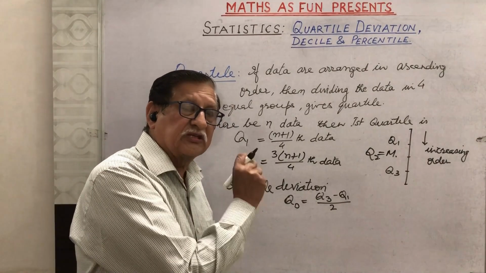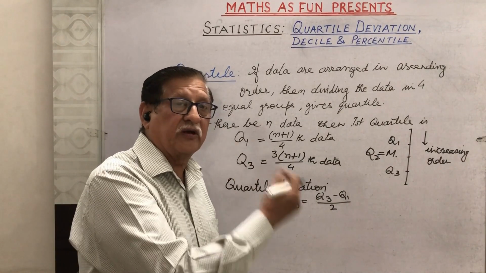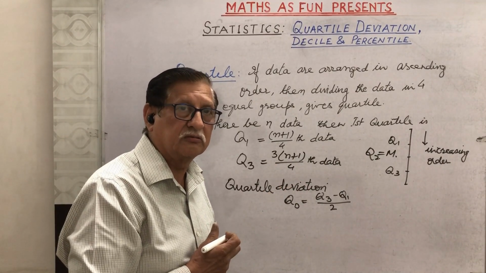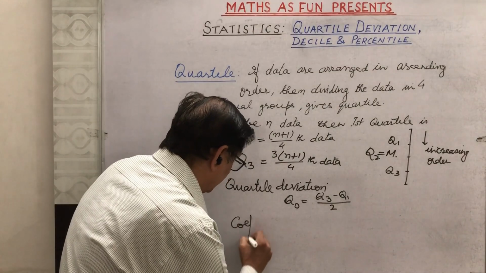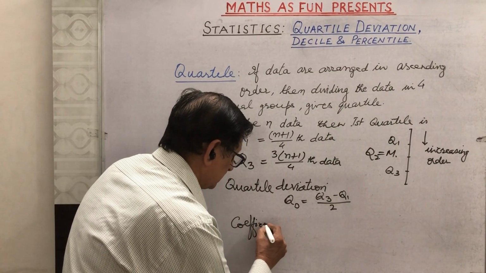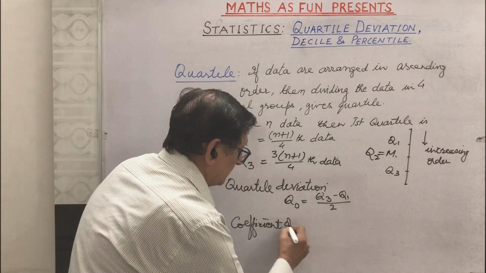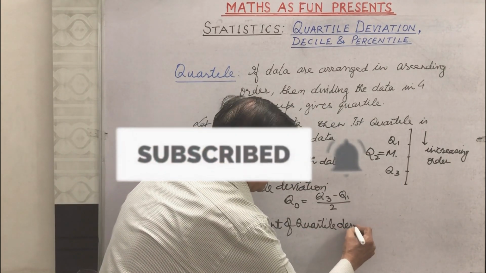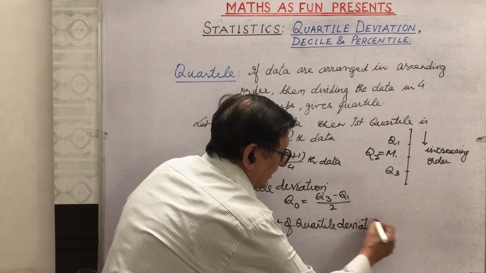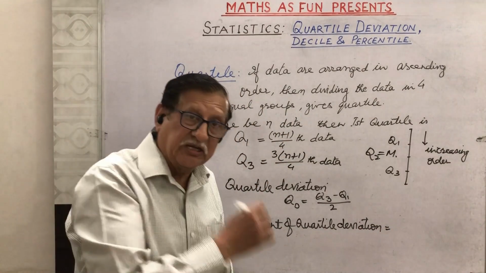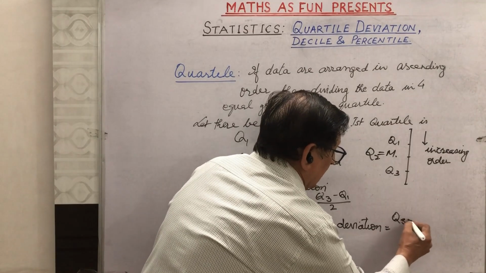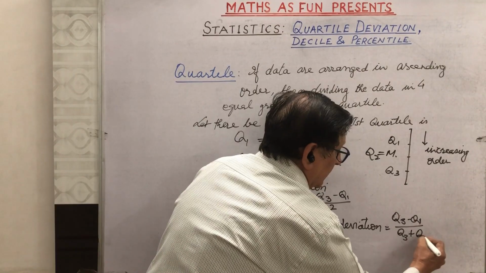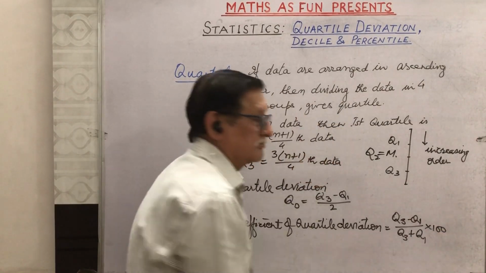After finding the first and the third quartile, we can also find out one more thing, that is known as the coefficient of quartile deviation. The coefficient of quartile deviation is given by (Q3 minus Q1) divided by (Q3 plus Q1) into 100.